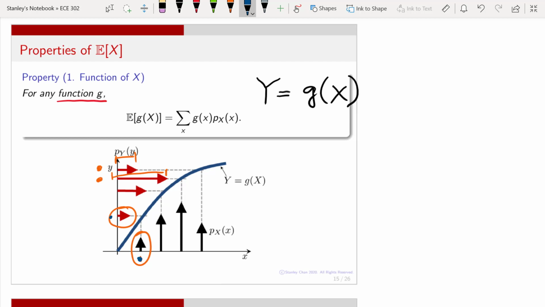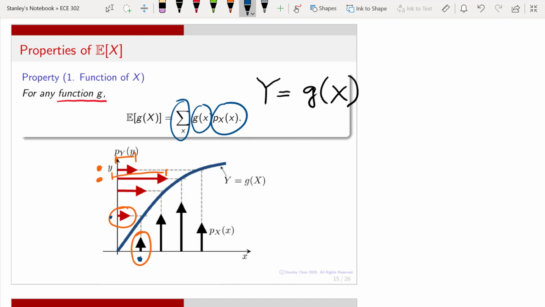Therefore, in this equation, you can see that I'm still taking the summation. We still have the probability mass. However, the state values will become transformed. That explains this property. When you apply any g(x), before you do the expectation, you will get this.